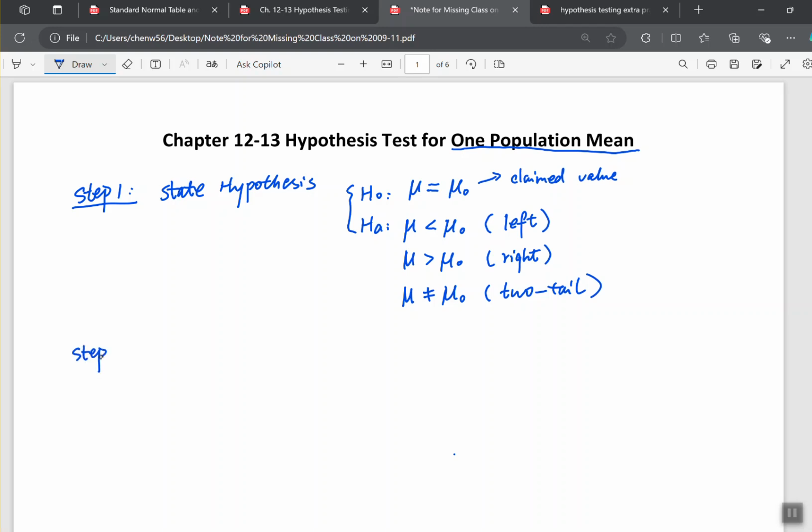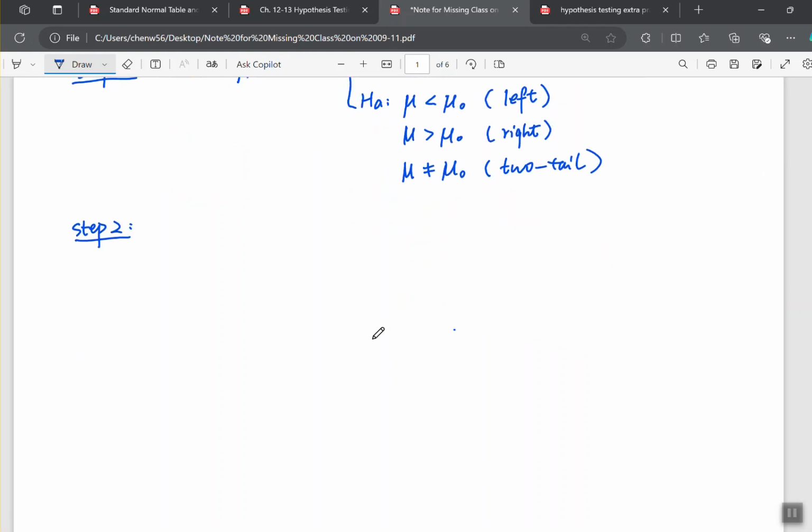All right, so after step 1, we also talked about step 2. We start our hypothesis testing process, and then we need to calculate our test statistic by a formula. We talked about 2 formulas. One is the z-test statistic, x bar minus mu 0 over sigma over square root of n.